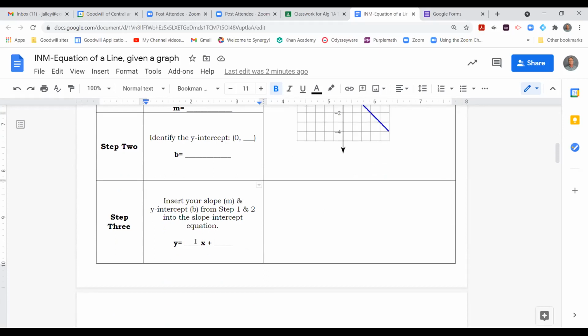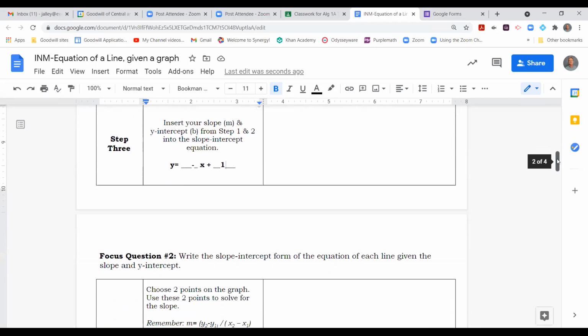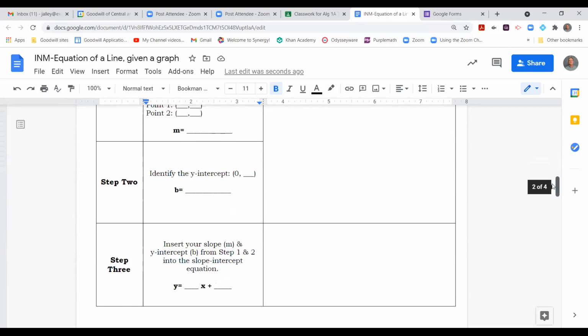So again, I'm not going to write the 1, I'm just going to put the minus sign in there. And because it's crossing the y-axis at +1, there's nothing more to that one. I would much rather have the graph whenever I can.